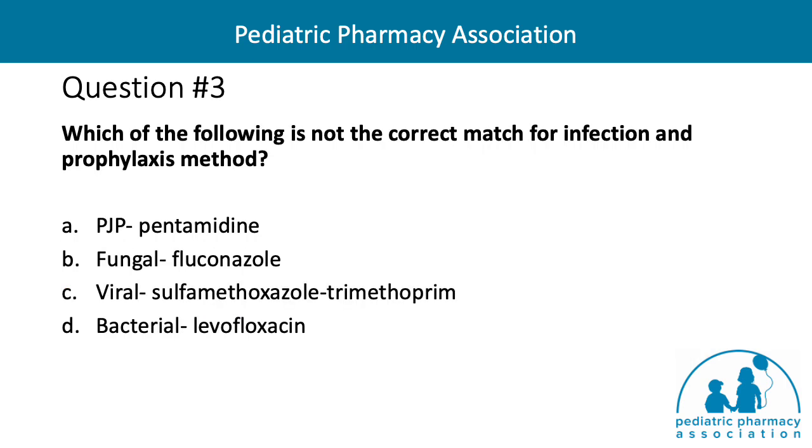Okay, so our next question is, which of the following is not the correct match for infection and prophylaxis method? Is it A, PJP prophylaxis and pentamidine, B, fungal prophylaxis and fluconazole, C, viral prophylaxis and sulfamethoxazole-trimethoprim, or D, bacterial prophylaxis and levofloxacin?